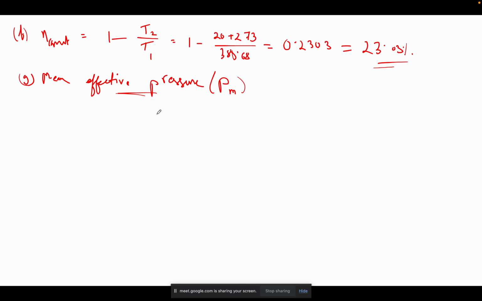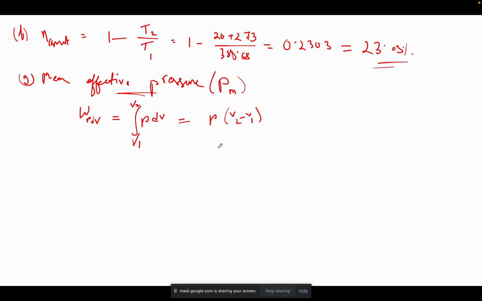So what we know is that the work done for a PdV process keeping pressure constant is, W equals integration of PdV from V1 to V2, and if the pressure is constant, it will be P into V2 minus V1.